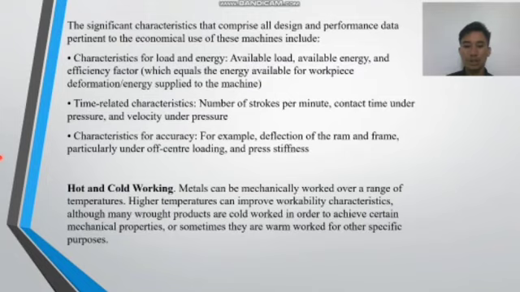Hot and cold working. Metal can be mechanically worked over a range of temperatures. Higher temperatures can improve workability characteristics, although many work products are cold worked in order to achieve certain mechanical properties, or sometimes they are warm worked for other specific purposes.